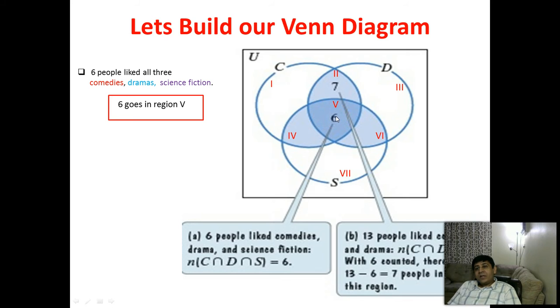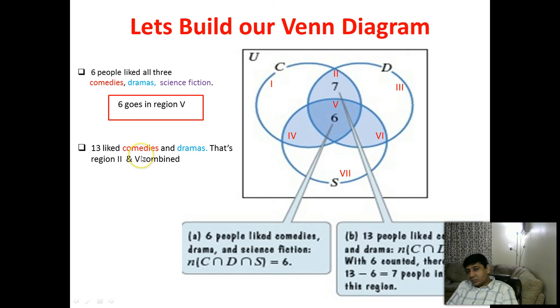Okay, the next piece of information given to us was that 13 people liked comedies and dramas. Now this is the circle for the comedy, and this is the circle for the drama. The intersection is represented by regions 2 and 5, and the sum has to be 13.